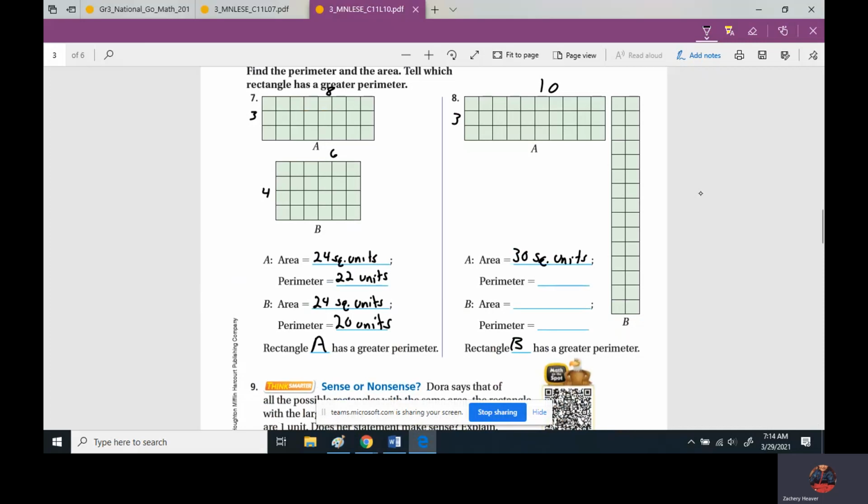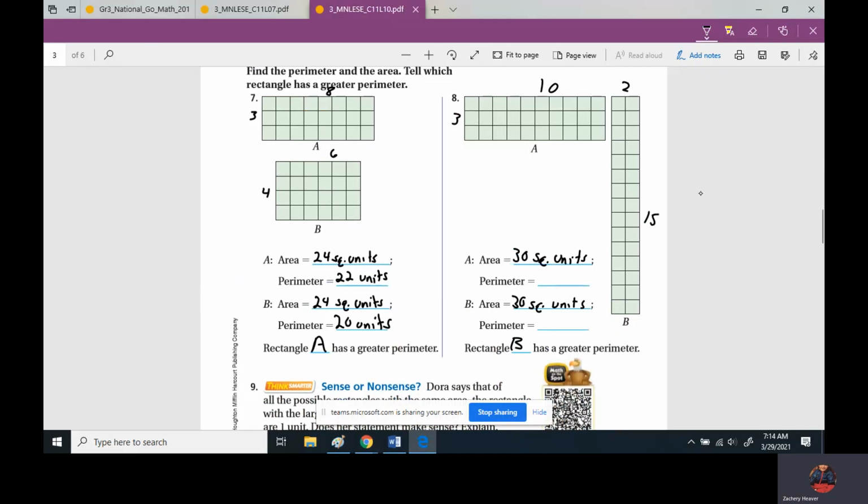And for B, we have 1, 2, and 1, 2, 3, 4, 5, 6, 7, 8, 9, 10, 11, 12, 13, 14, 15. 15 times 2 is 30 square units. So let's add them up.